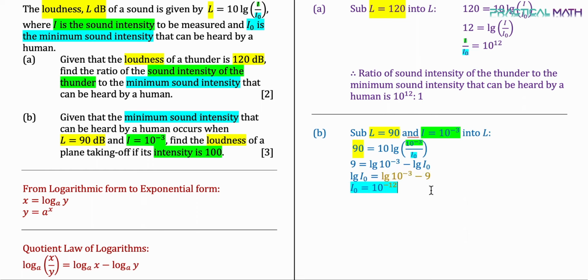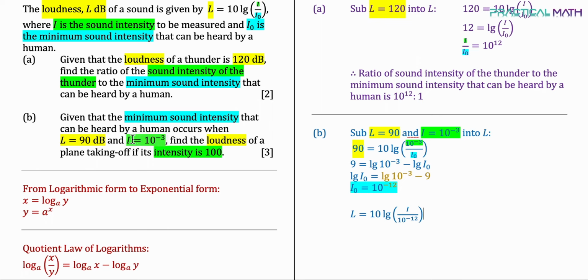So now we have I naught equals 10 to the power negative 12. We can now replace back into the original equation because the constant has already been found. So L would therefore be equal to 10 LG brackets I divided by no longer I naught but 10 to the power negative 12, like this.